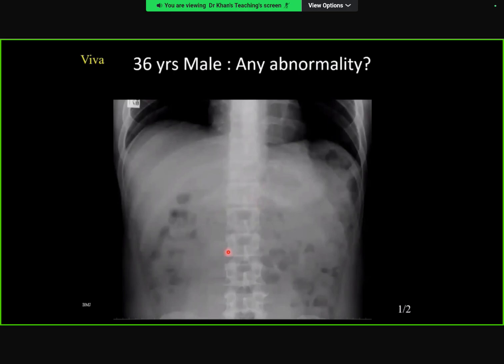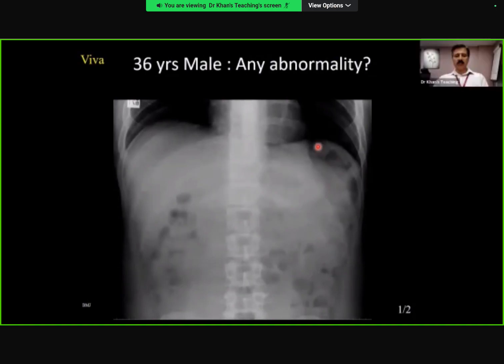Okay, that's the erect abdomen in which I can see there is a continuous diaphragm sign. No, don't worry about this. Okay, so anything in this? There is a soft tissue mass I can see in the epigastric region. Okay, you look carefully. Of course, maybe the projection is not very clear.